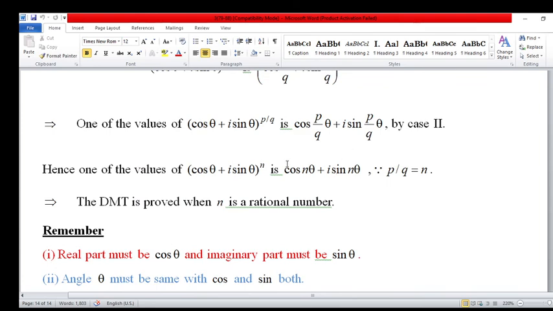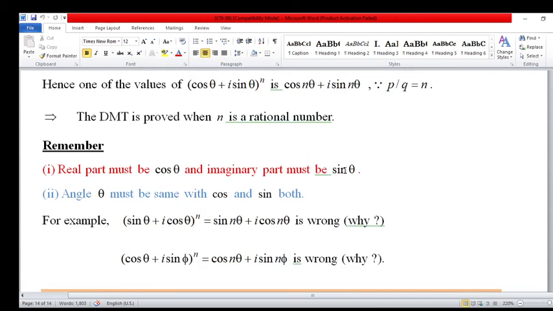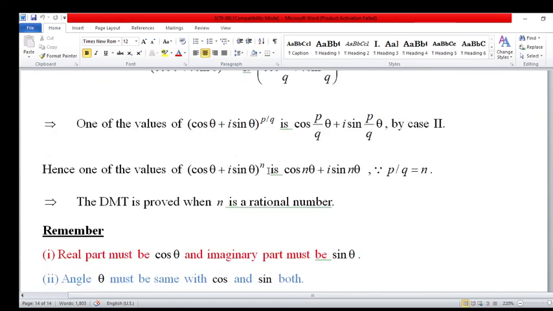Second, the angle theta must be the same. With cos theta and sin theta, theta every time will be the same.